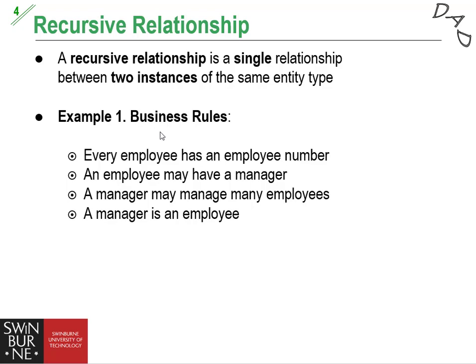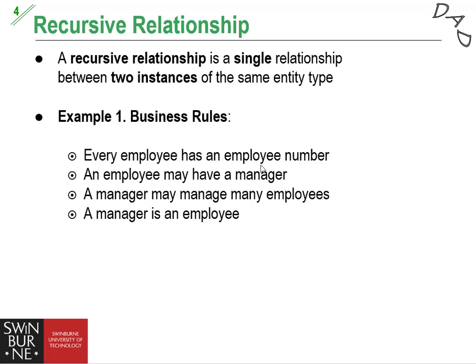Think about we have a bunch of business rules. These business rules with respect to this particular organization say every employee has an employee number. An employee may have a manager. A manager may manage many employees. A manager is an employee as well.